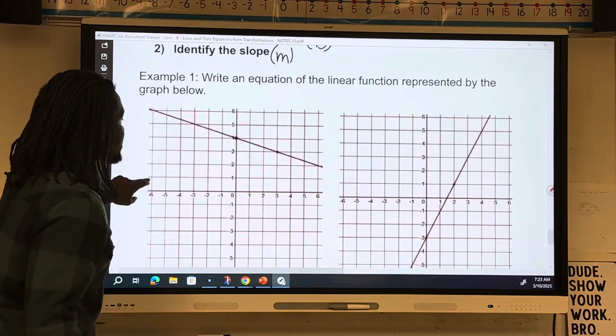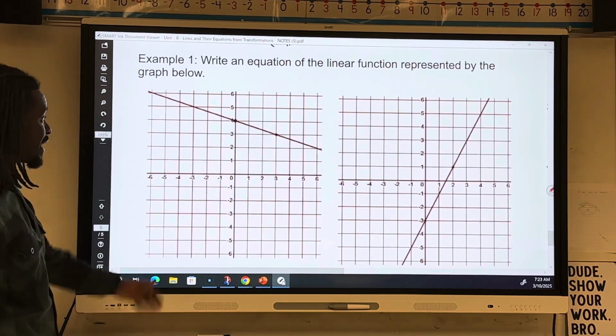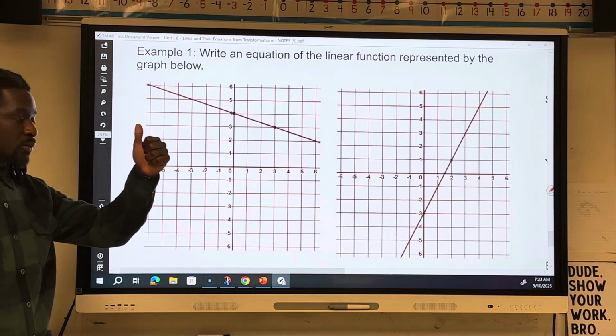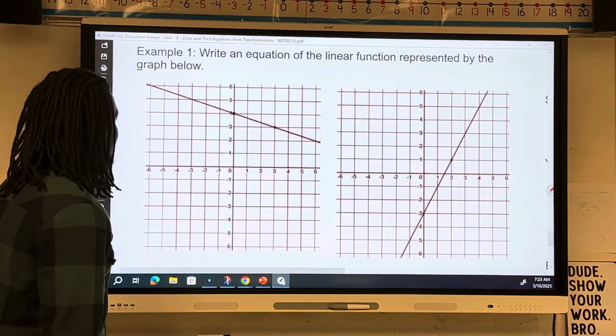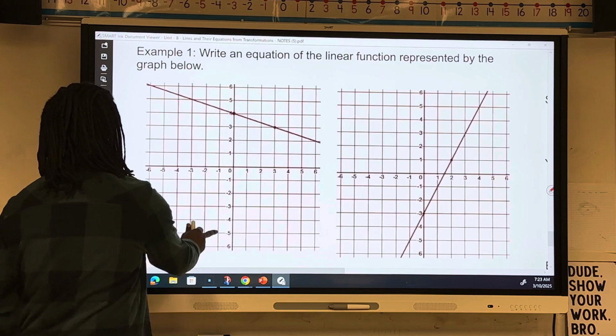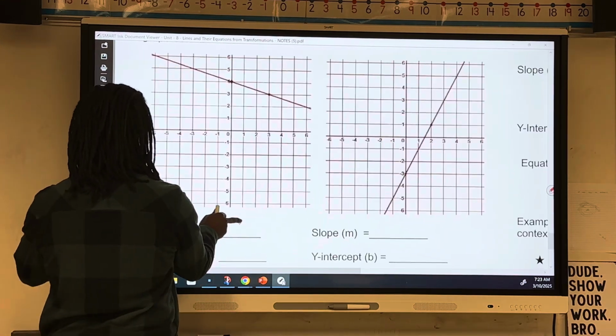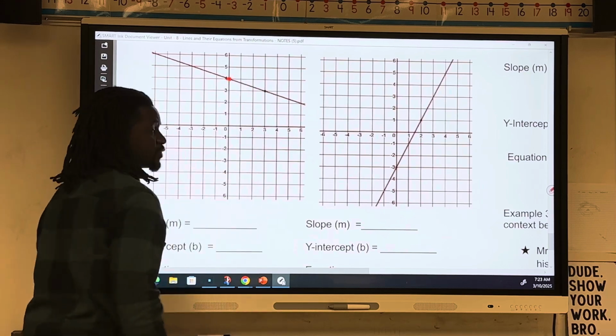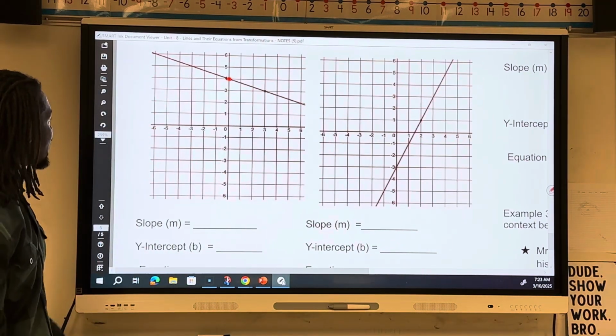Let's look at the first one. We're going to write an equation by first identifying the y-intercept and then figuring out the slope. I'm going to start by figuring out my y-intercept. My y-intercept is where it crosses the y-axis.